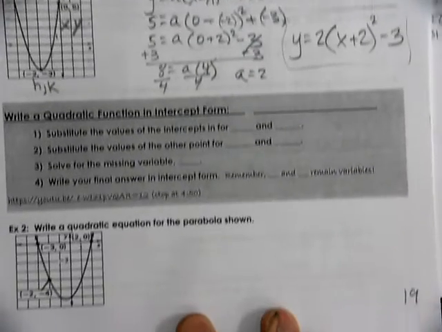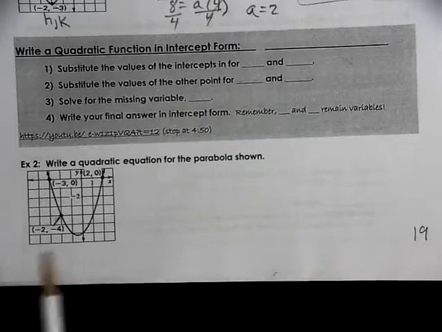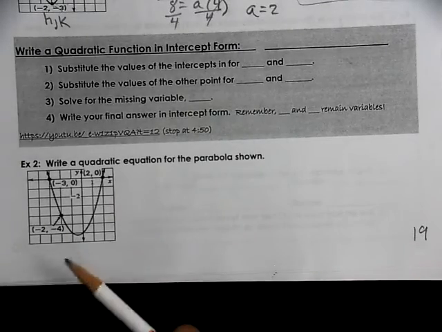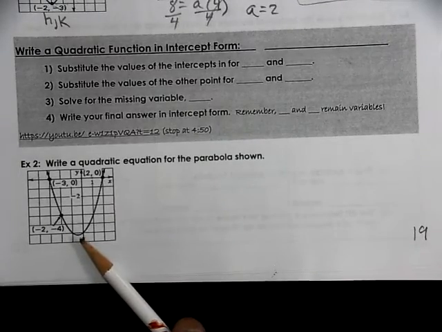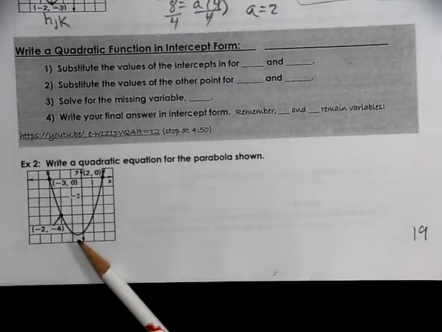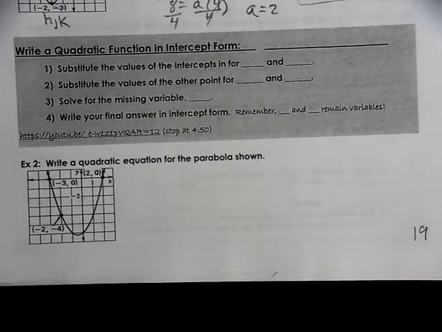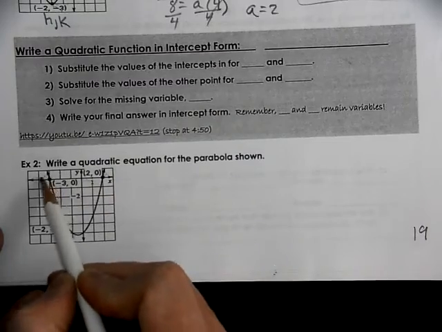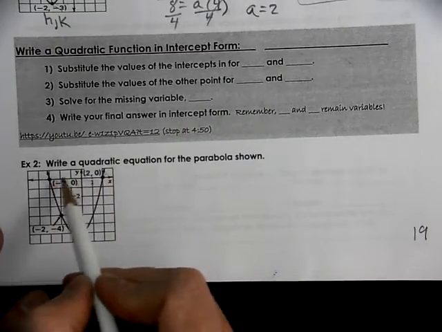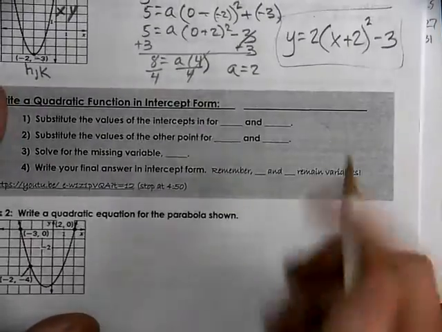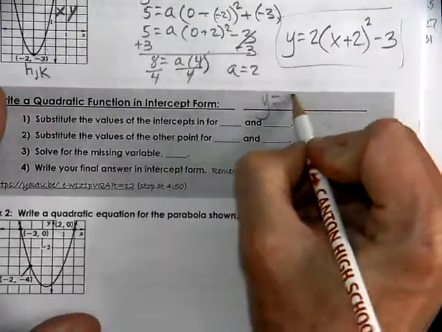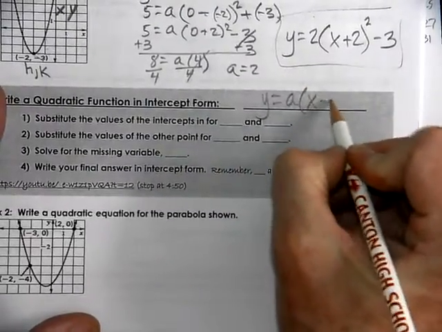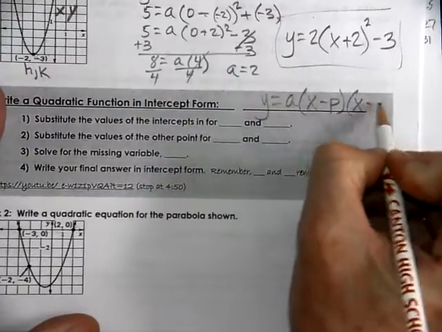So when we come down to our next example, I notice they give us a graph, but they don't give us a vertex. So we're not going to be able to use vertex form. But if I'm being observant enough, I notice that they do give us x-intercepts. So I'm going to use intercept form, and that's y equals a, x minus p, x minus q.